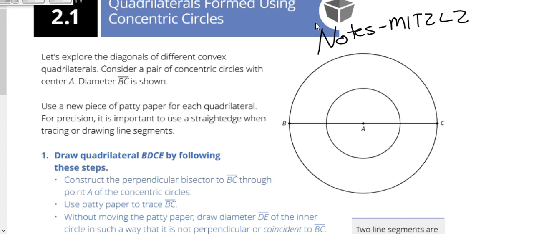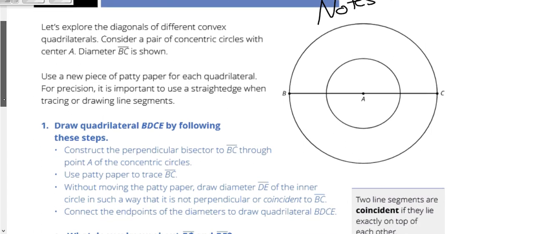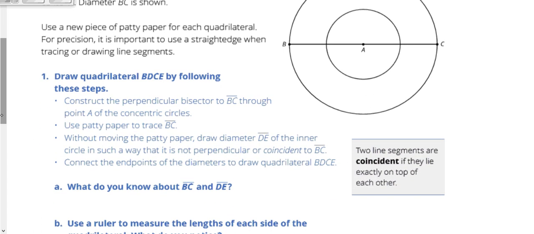Also in this one, you will need to have a ruler. We're going to be doing some measuring. And you will need a compass because we need to construct a circle. But if you notice in these blue little notes here, for number 1, it tells us we're going to be constructing perpendicular bisectors. We're going to be using patty paper, and we're not going to do that.